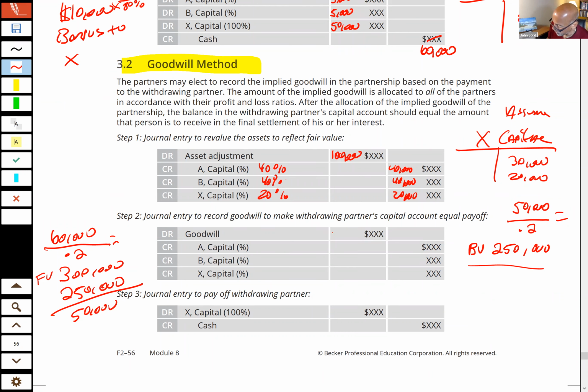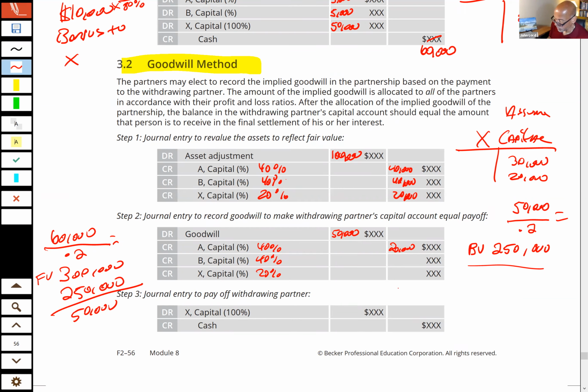Okay. So they debit the goodwill, 50,000. We don't have to use the respective capital that's left. We use the percentages for each one of them for the goodwill, which means that we're going to credit partner A for 20,000.